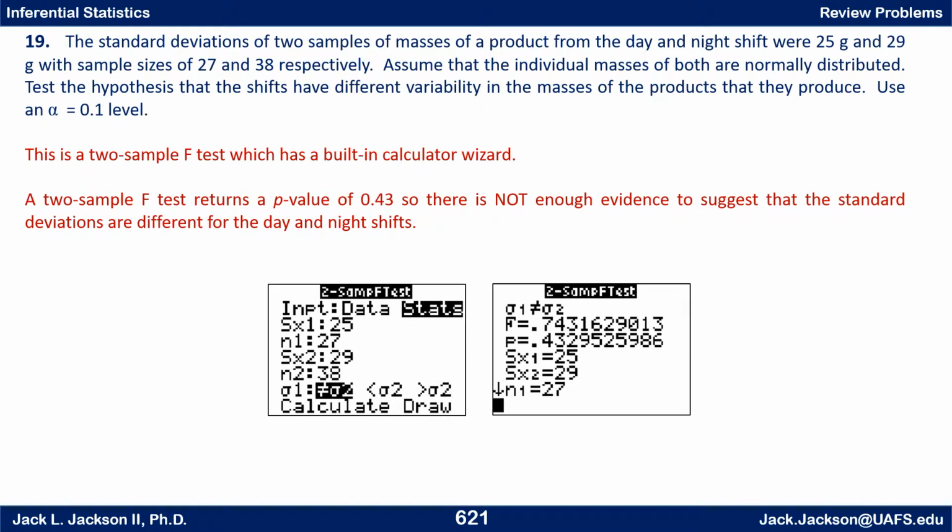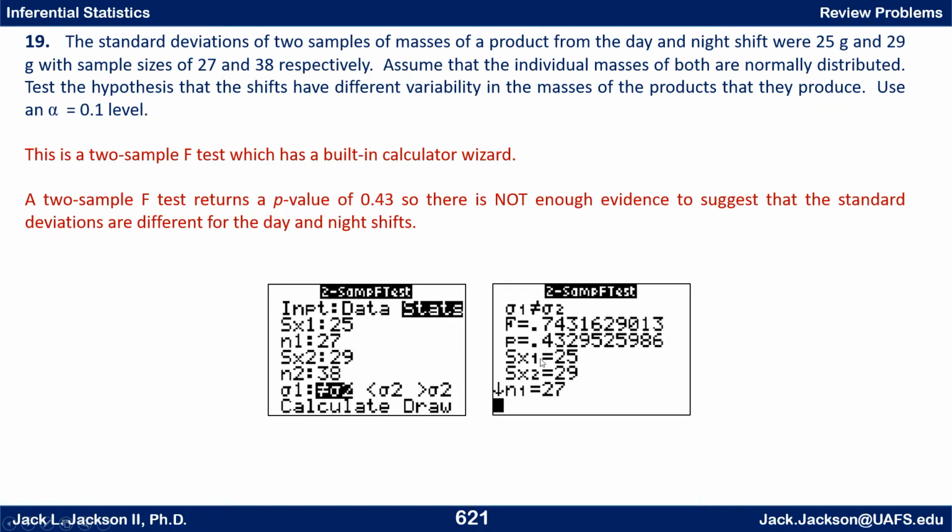Okay, well, this is a two-sample situation where we're testing standard deviations or variances, and that's an F-test, two-sample F-test, which the calculator has built in. So just use the calculator wizard, enter in the statistics here: standard deviation of the first group, the sample size, standard deviation of the second group, sample size, not equal to, because it just said different variability, so that's a two-tailed test.